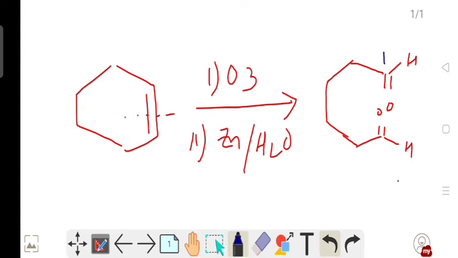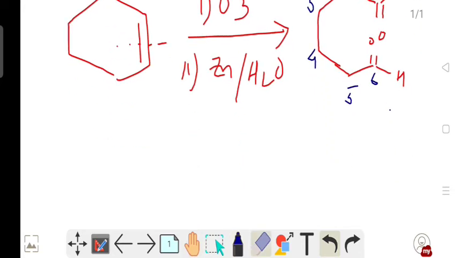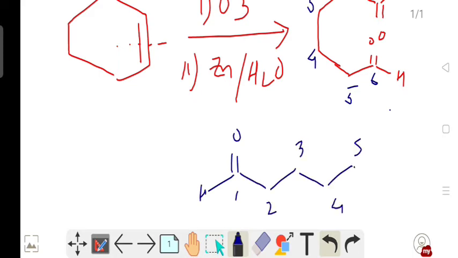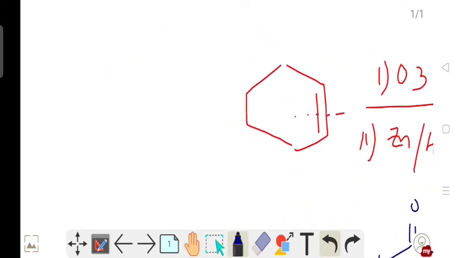So just write down this product in linear form. There are 1, 2, 3, 4, 5 and 6 carbon atoms present. So the final product will be this. And if you follow the mechanism, then first it will form an ozonide product, which looks like this.